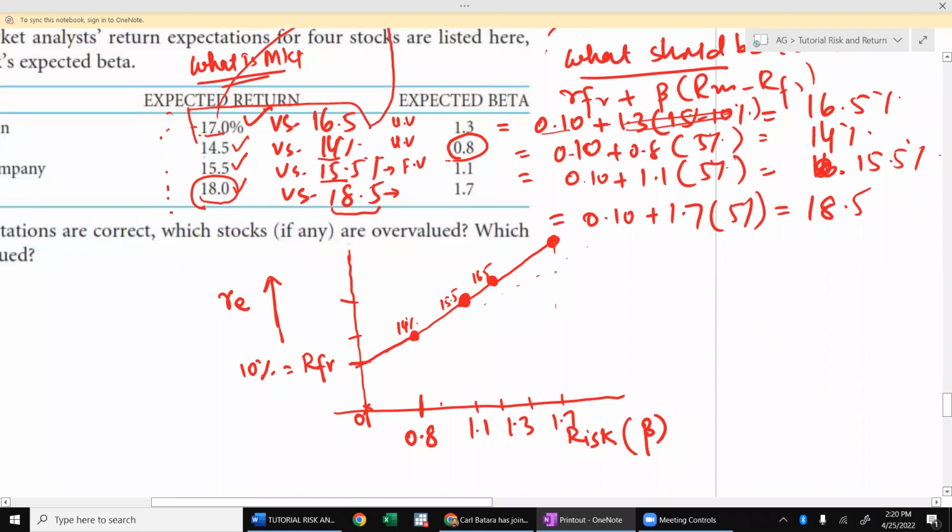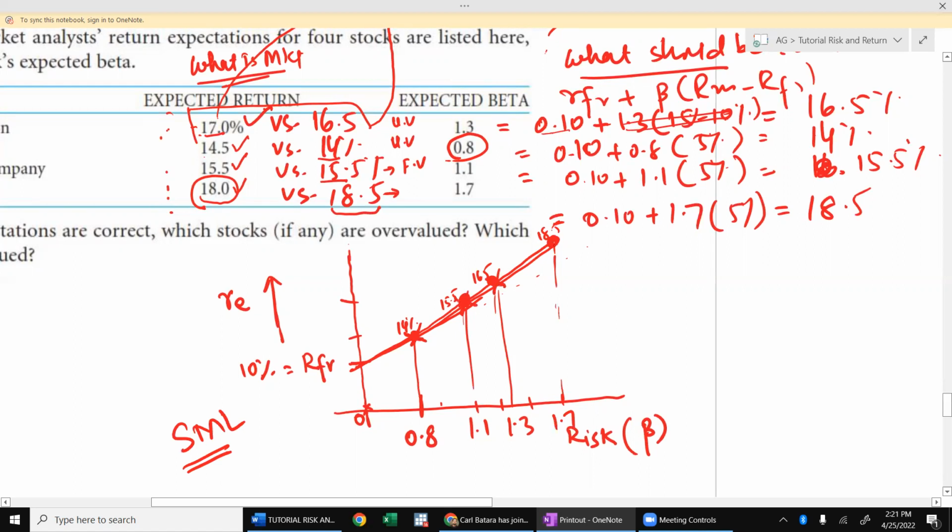So this is at this beta, this beta, and this beta. And this line that we draw is called the security market line, SML.